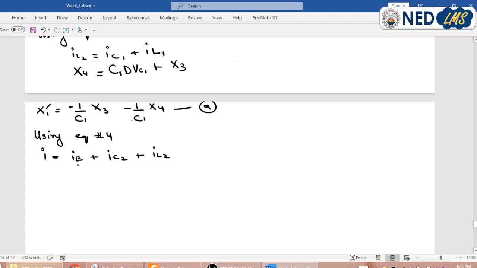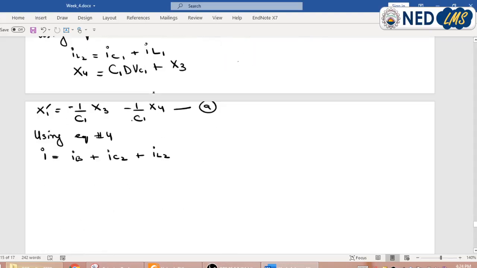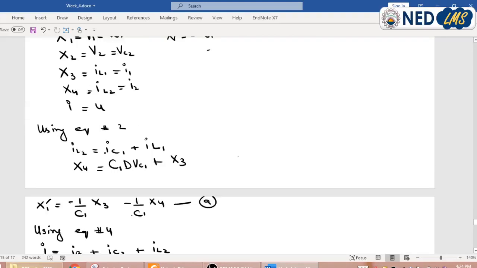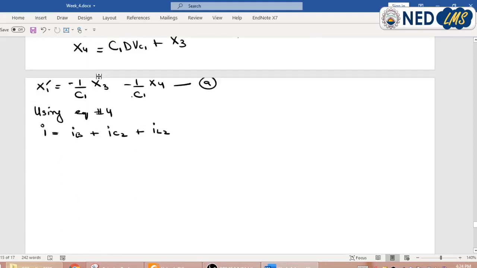Here this inductor current IL3 is not my state variable. I selected IL1 and IL2 as my state variables. Anyone can select IL1 and IL3, or IL2 and IL3, any two of these inductor currents, because the third can be evaluated from equation number 5. From equation 5 I can write IL3 in terms of IL2 and IL1.